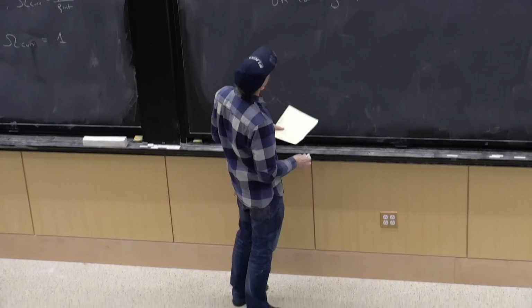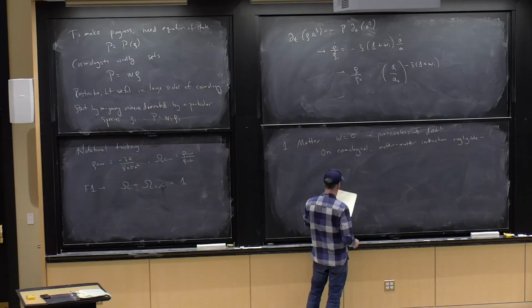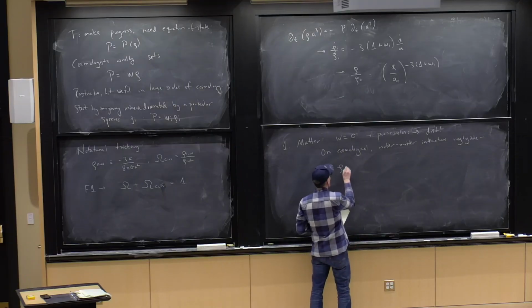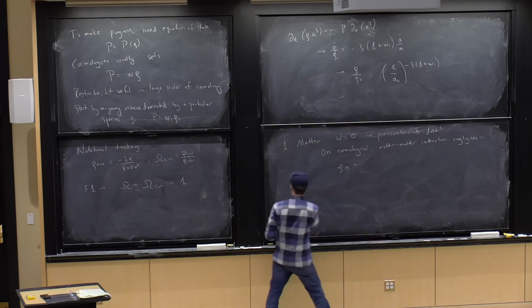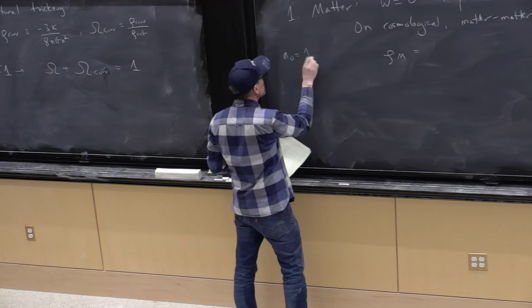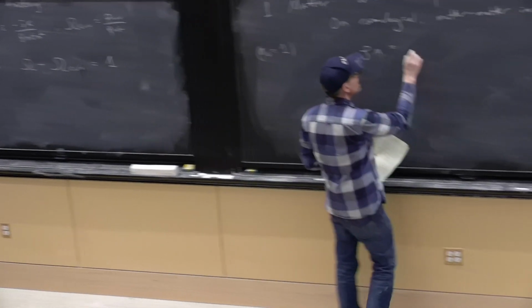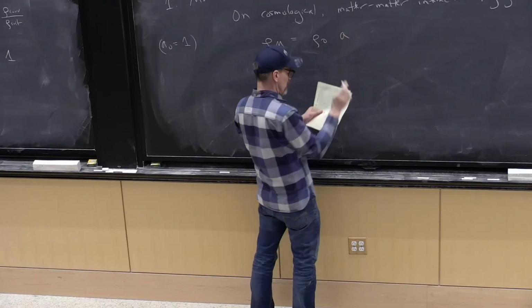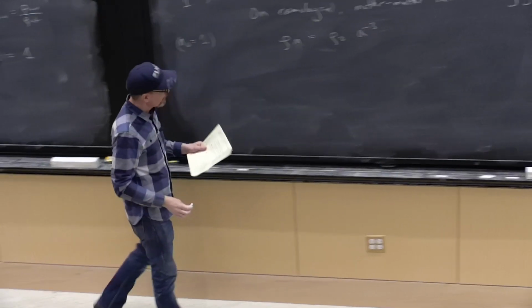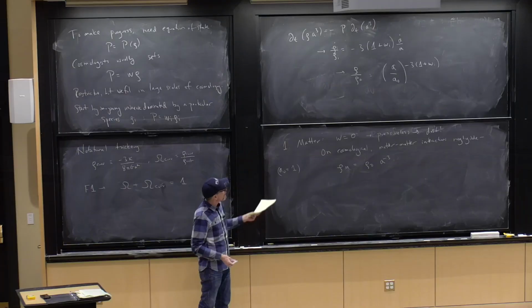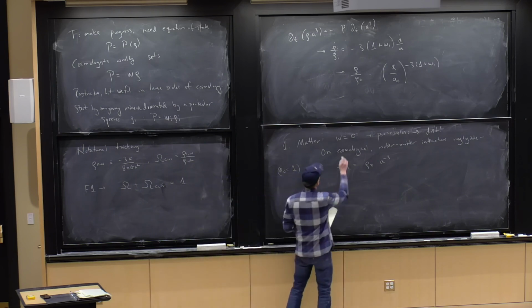And when you put all this together, let's take a look at this form here. The density of matter looks like, I'm going to set A0 equal to 1, the density now times a to the minus 3. What I've done is I've just taken that evolution law there, and I have plugged in W equals 0.